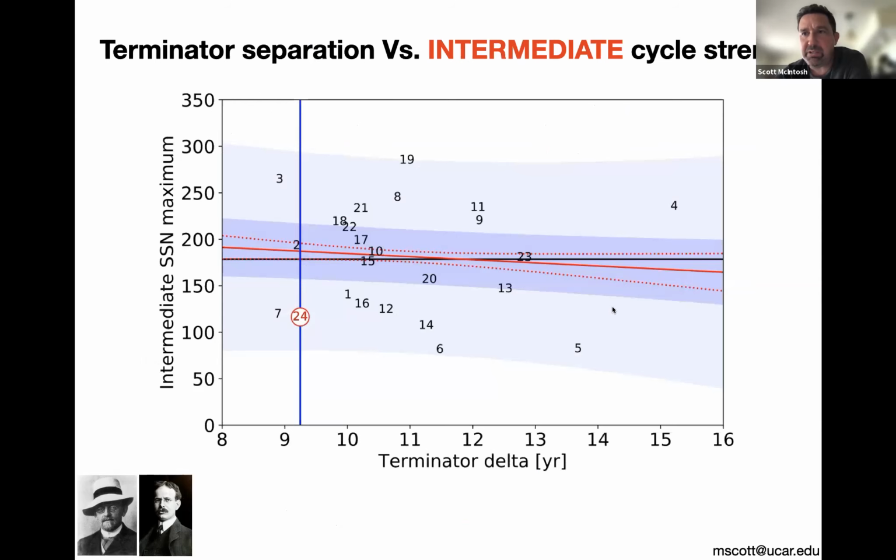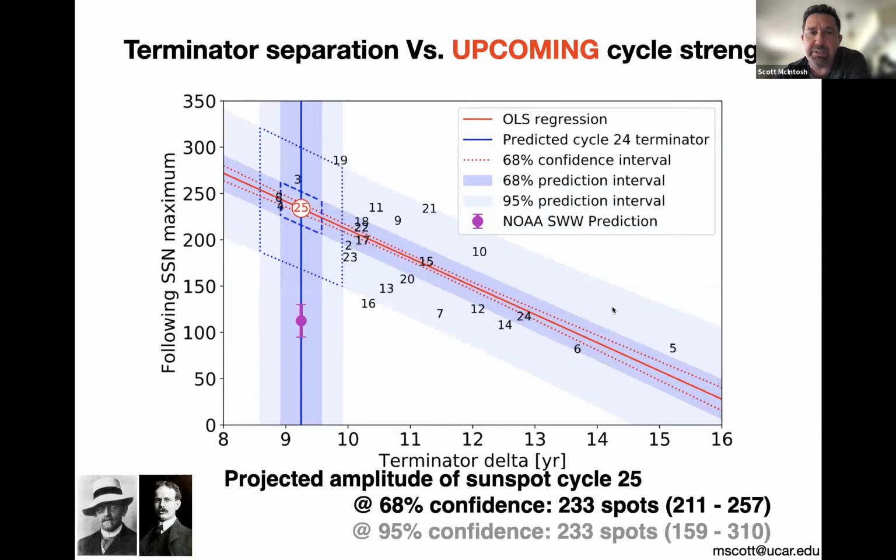So if I look at the intermediate strength, experiment 1, there's no predictability. There is no information content there between the terminator separation and what's going on between them. But if I look at the terminator separation versus upcoming cycle strength, I actually get a quite nice relationship. Now, this is a pretty old slide because the same Hilbert analysis used as a predictive tool, and this goes back to Barrett and Niels Bohr, that predicting the future is extremely difficult.